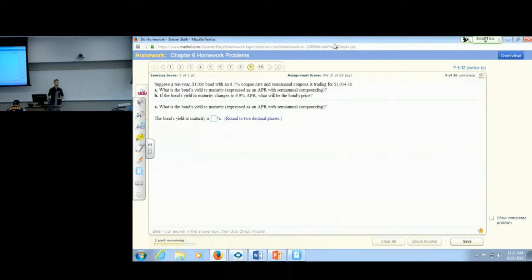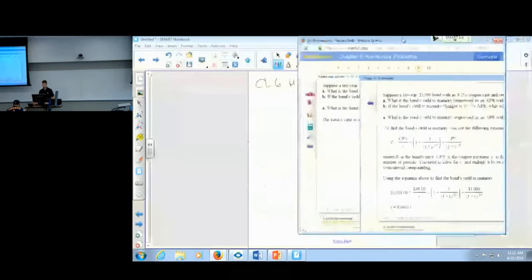Okay, number 9 is our first coupon bond. This one's actually going to make payments. And let's look at the example. We've got the same numbers to look at.